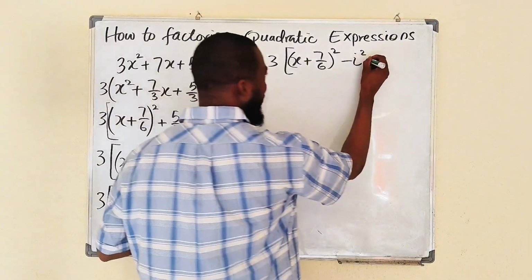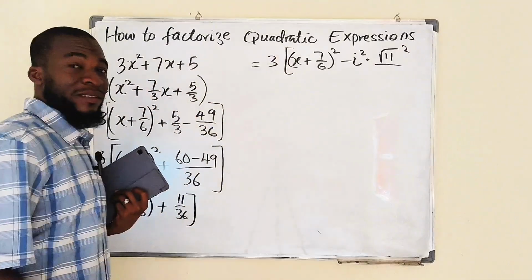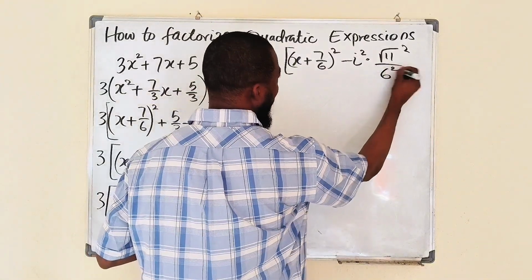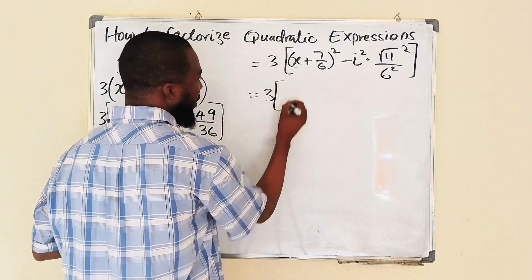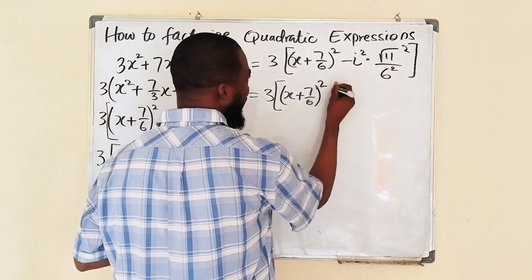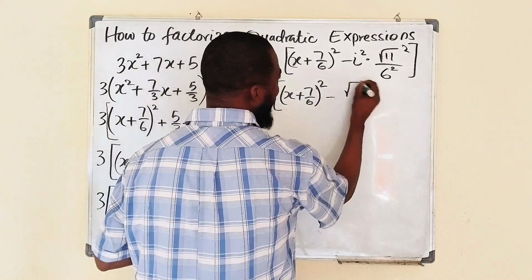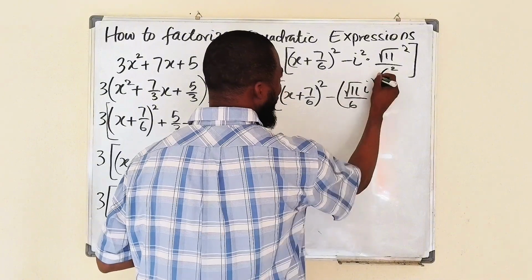Then 11 is the same thing as root of 11 squared divided by 36, which is the same thing as 6 squared. This is equal to 3 multiplied by x plus 7 divided by 6 whole squared minus root of 11i divided by 6 whole squared.